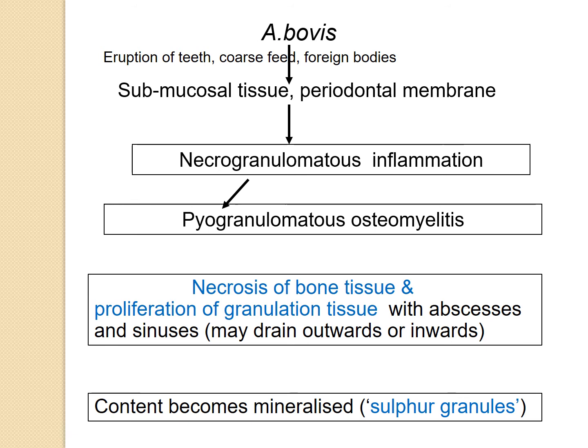The result is bone necrosis and proliferation of granulation tissue, with the formation of abscesses and sinus tracts. The content eventually becomes mineralized, presenting as sulfur granules, which is characteristic of this infection and which can be seen in the pus.